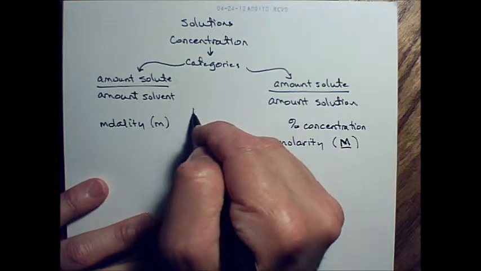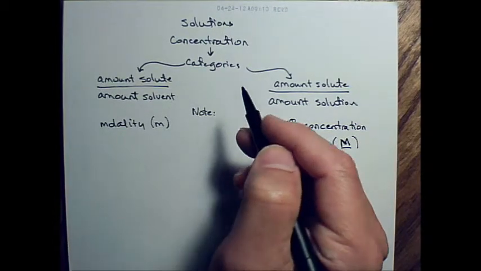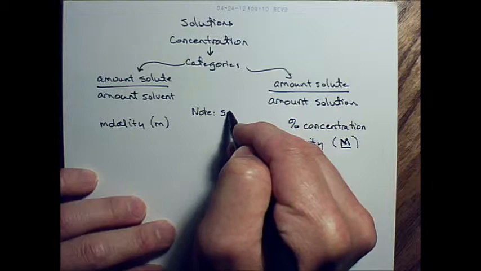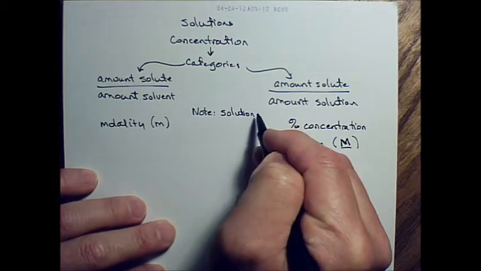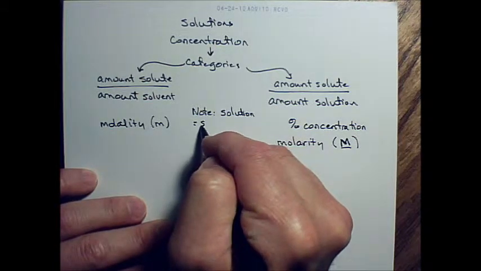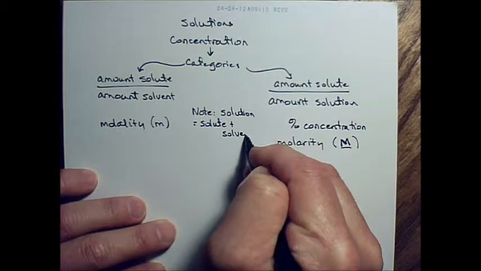Now, there's something you need to be aware of and keep in your mind when we're thinking about solutions, and that's about what a solution is. You need to remember that a solution is made up of both the solute and the solvent.